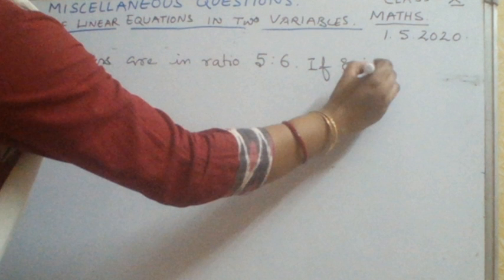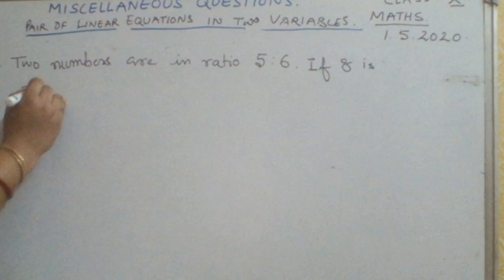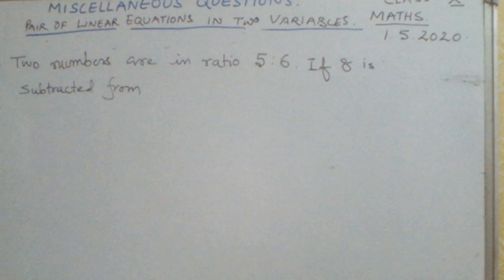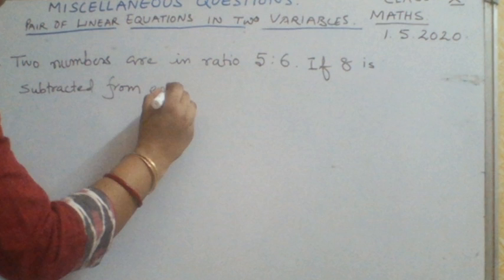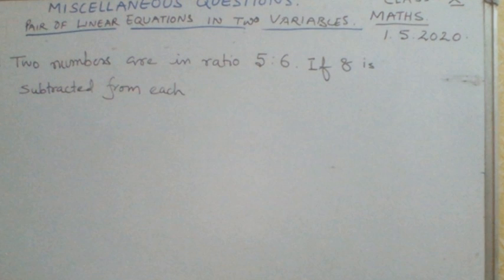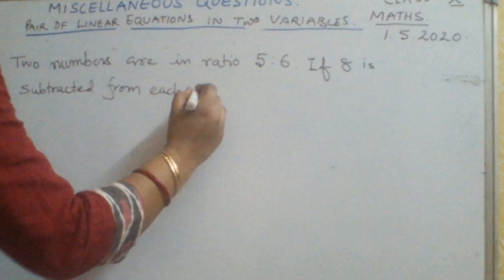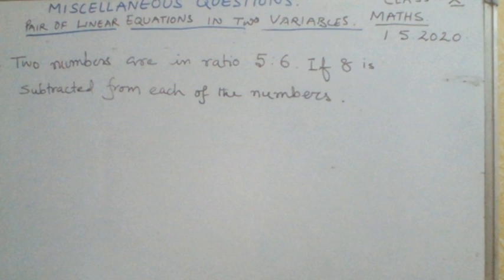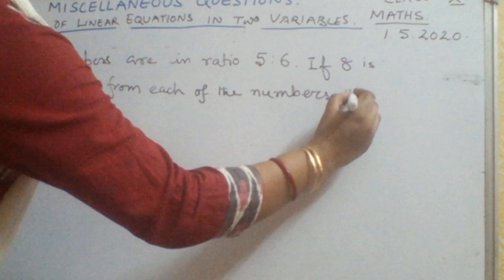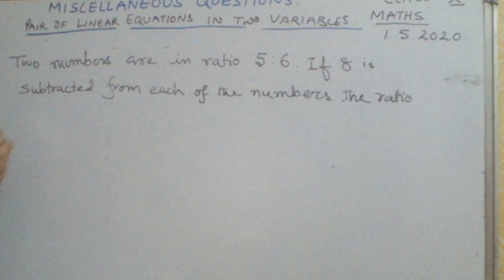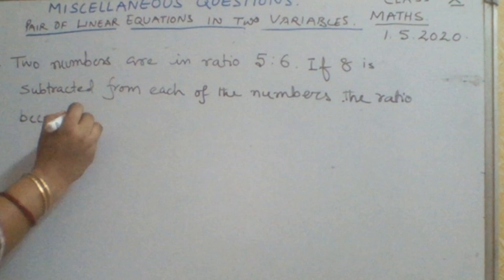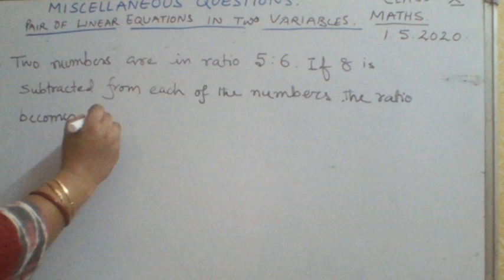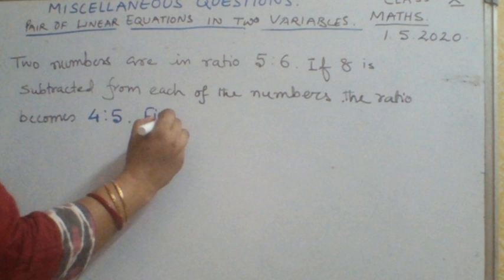If 8 is subtracted from each of the numbers, the ratio becomes 4:5. Find the numbers.